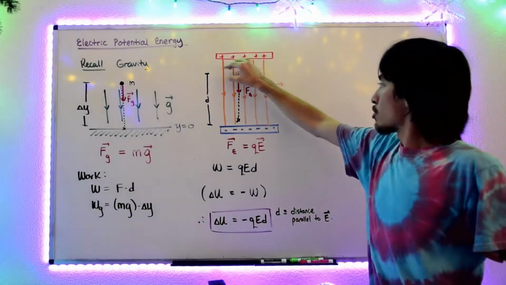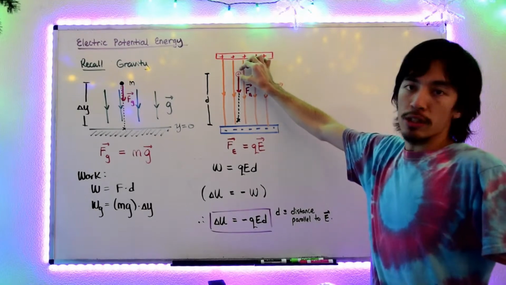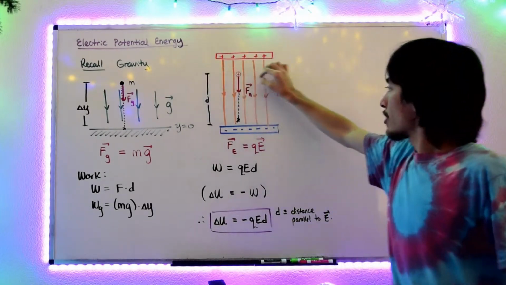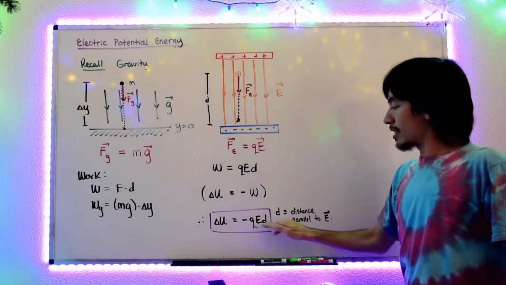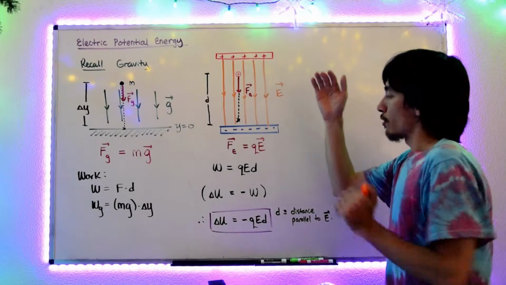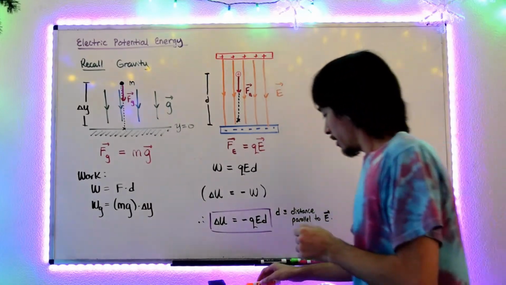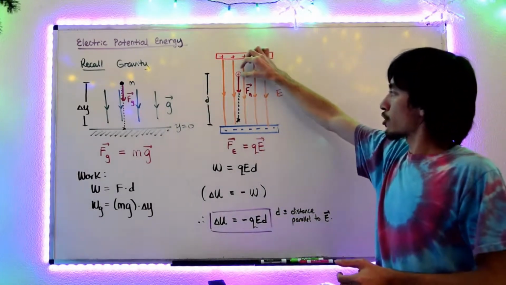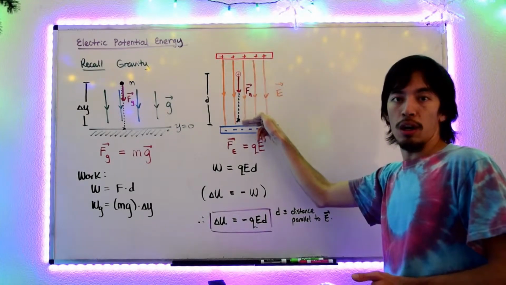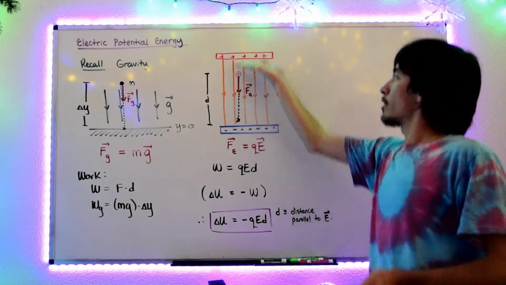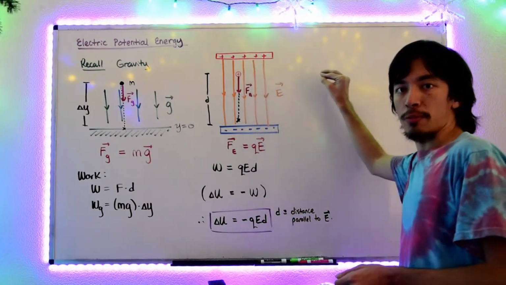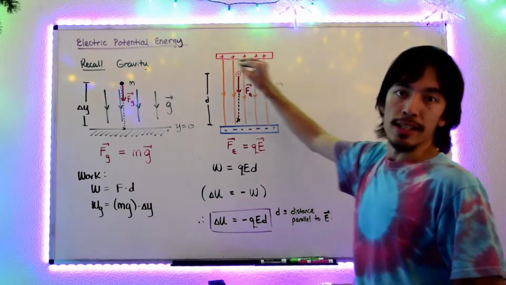The same is true in an electric field. If you move this charge perpendicular to the electric field lines, it would not change its potential energy. So this distance has to be the distance that's parallel to those electric field lines. This positive charge will decrease its potential energy as it moves along with the electric field. It will increase its potential energy as it's moved against the electric field, and there will be no change in potential energy when you move it side to side.